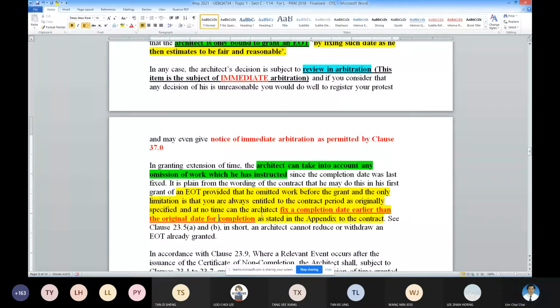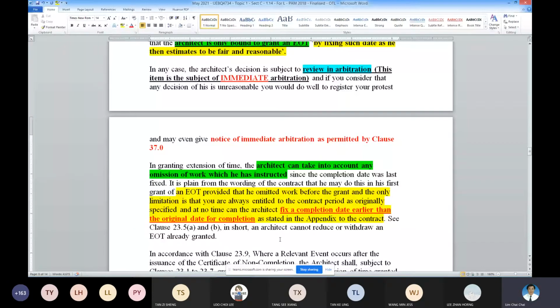That is the principle. Whether you omit or add, the overall figure must be equal or more than the original contract duration. You cannot reduce the so-called original contract duration.